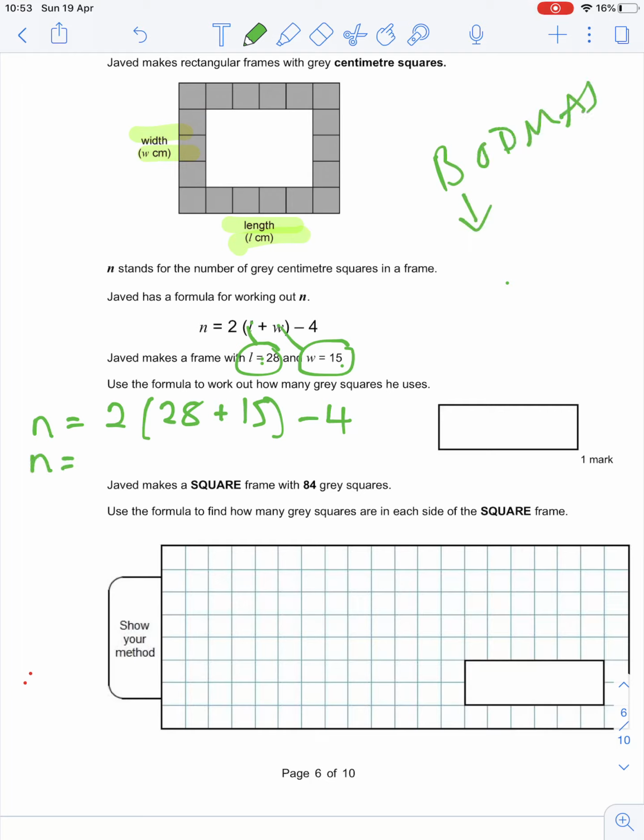So N equals 2 times, and what's that add up to? It's 43. Take away 4. What do we do next? This means that we multiply, doesn't it? So the next bit, in order, we've got multiplication. So 2 times 43 gives me 86. Take away 4, gives 82.